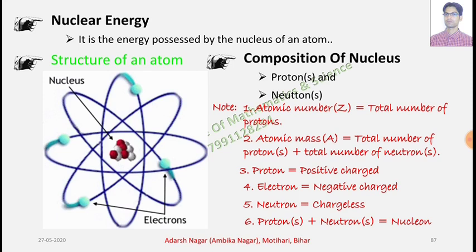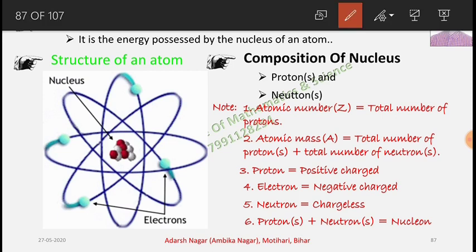Suppose we take an atom, this is sodium, and this is a parent atom. If we see its composition, it has 11 protons and 11 electrons.